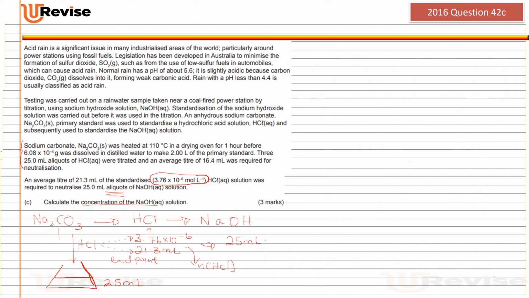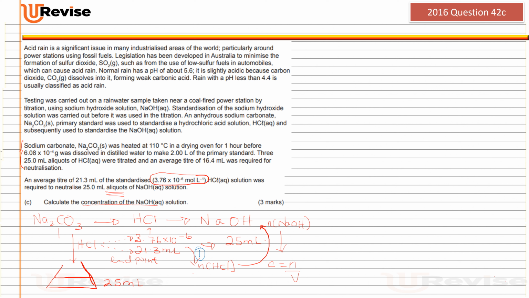Once we know the moles of HCl, we can then use a balanced equation to figure out the moles of sodium hydroxide. Once we know the moles of sodium hydroxide, using concentration is equal to moles over volume, we can then determine the concentration of sodium hydroxide.